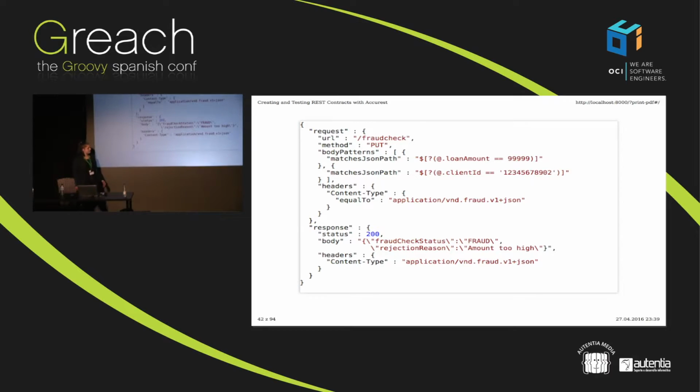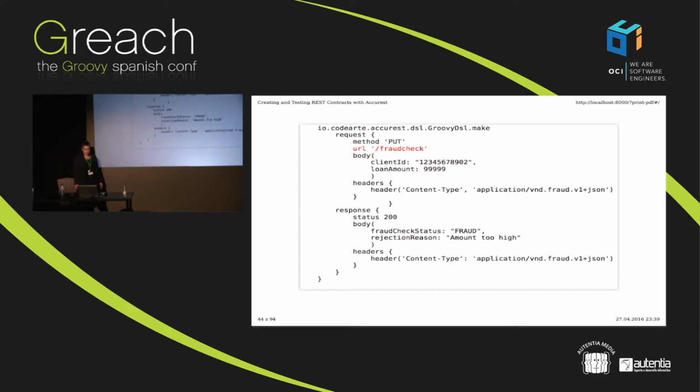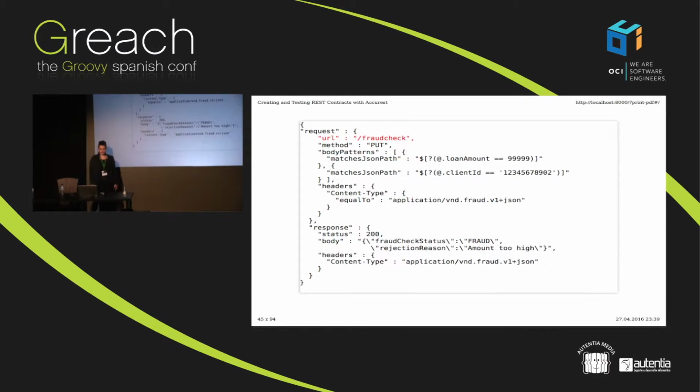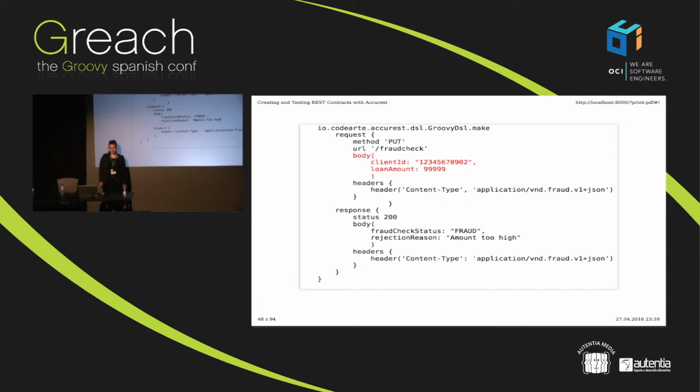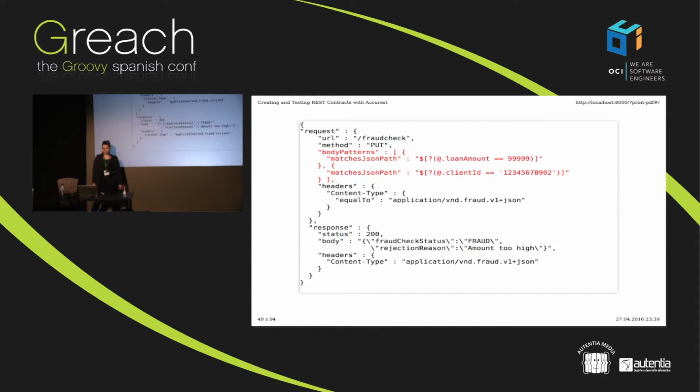And this is the stub that was automatically generated from the input script. So when it comes to the request part, we can see that it's nearly the same. It's just the URL being passed, then the method. The body is changed to body patterns, and we check if it matches JSON paths.